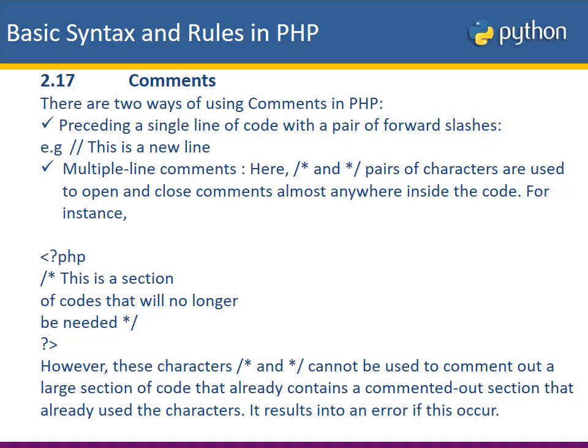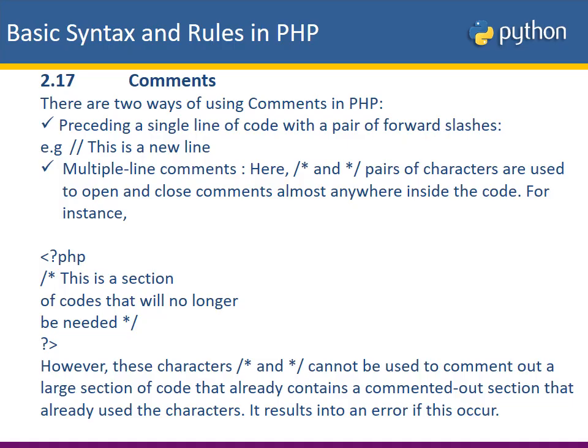So we have the multiple line comment. We can see the example here, starting with slash asterisk and ending with asterisk slash. A pair of characters is used to open and close the comment.